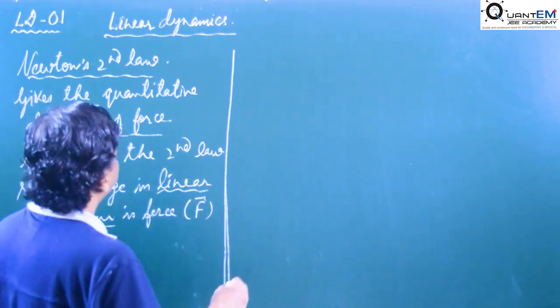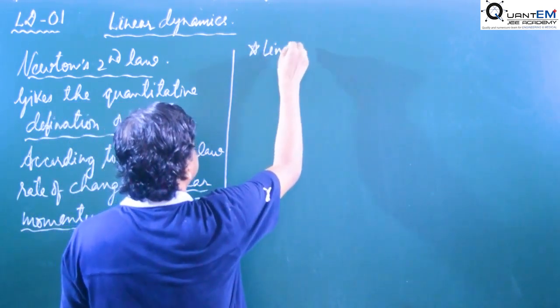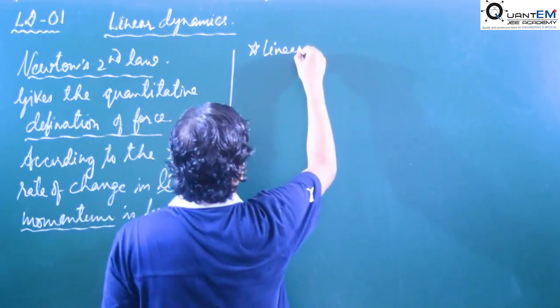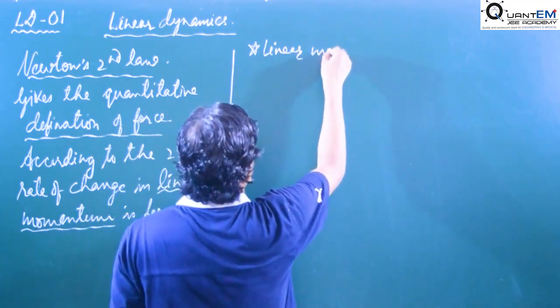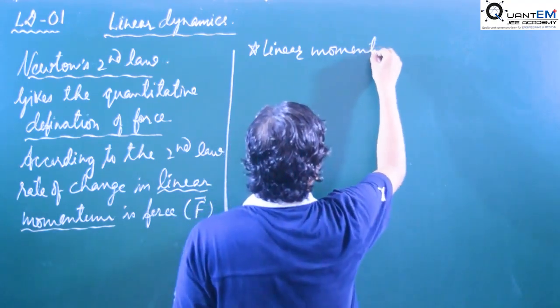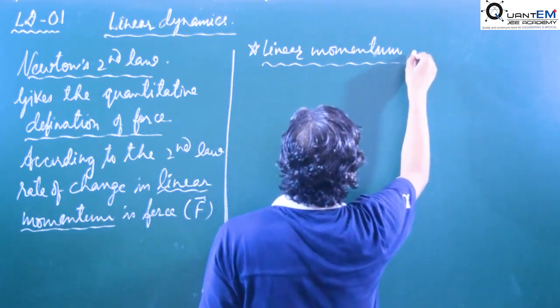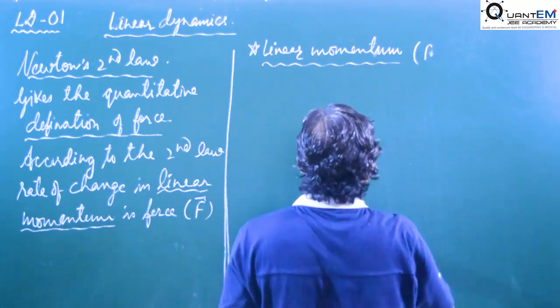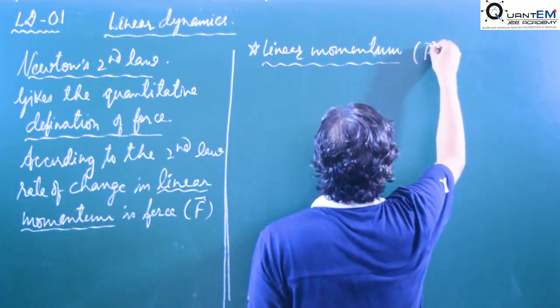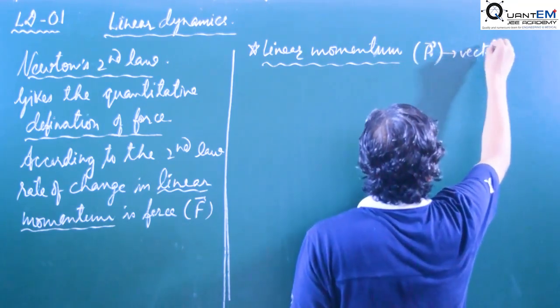Okay. So we come to the part linear momentum. It is a vector quantity and denoted by P. Okay.